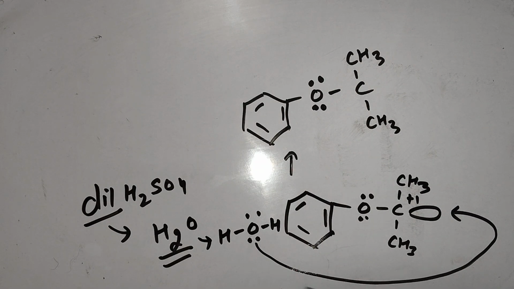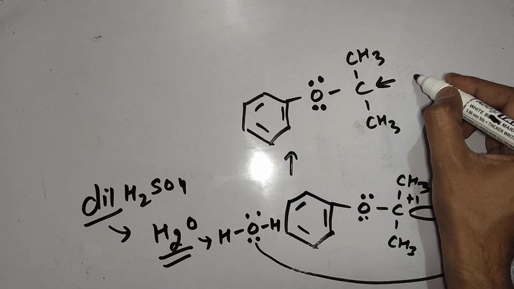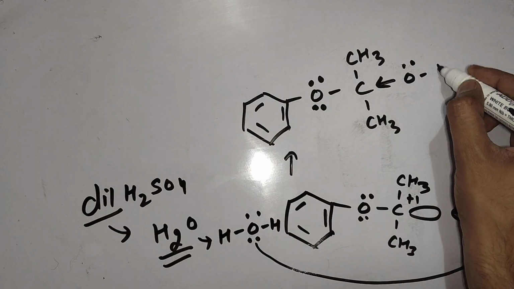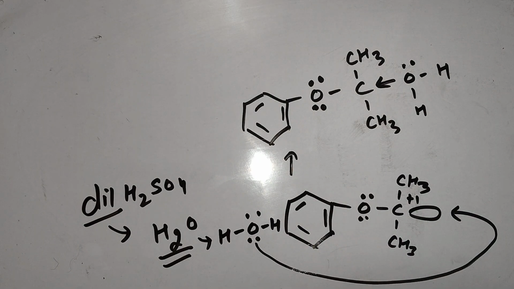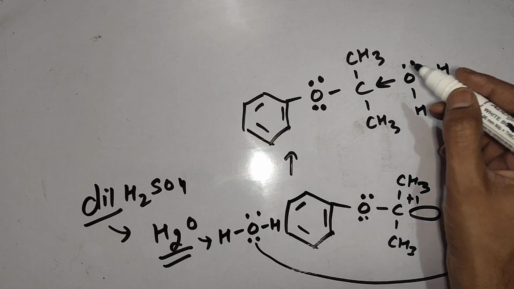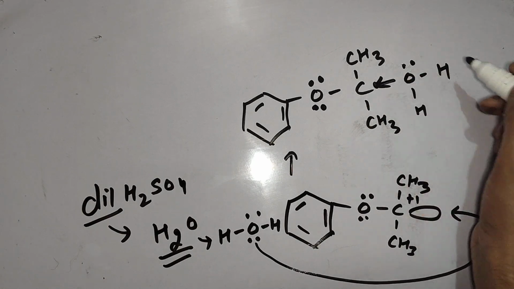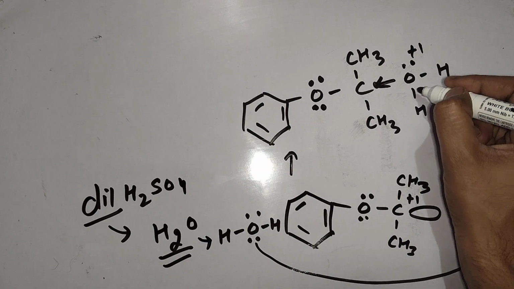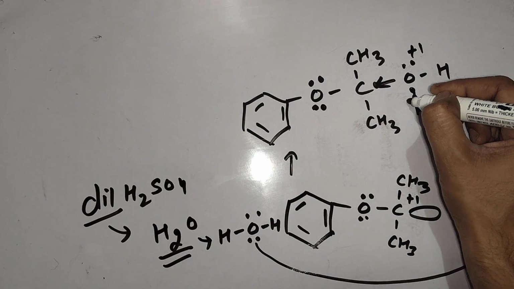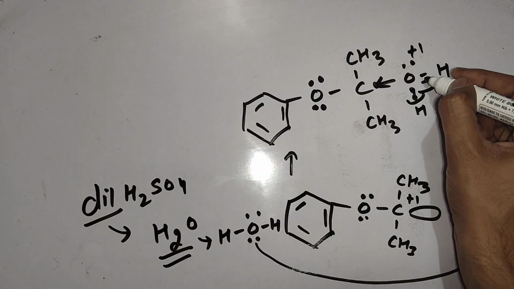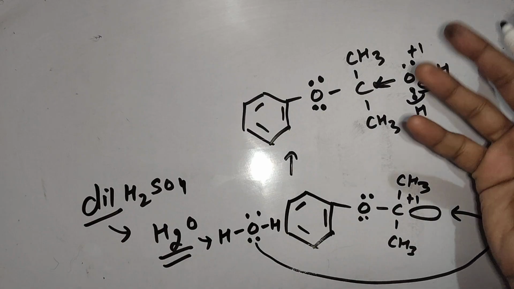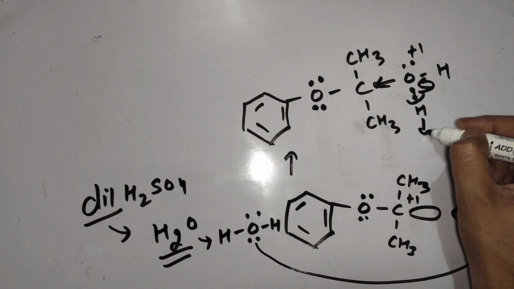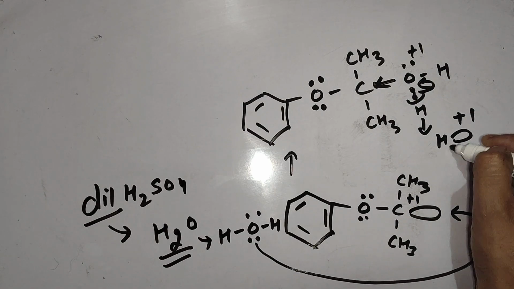This oxygen will make a dative bond with this carbon like this. So obviously this oxygen is delivering its lone pair completely toward this carbon. Here it is. So it will get a +1 charge. Unstable. How will it get stability back? By breaking the bond from hydrogen and getting electrons back toward itself, because oxygen is more electronegative. Means from here H positive will be released like this.